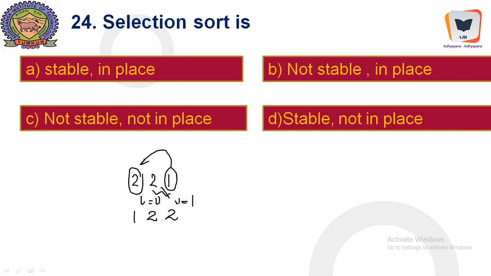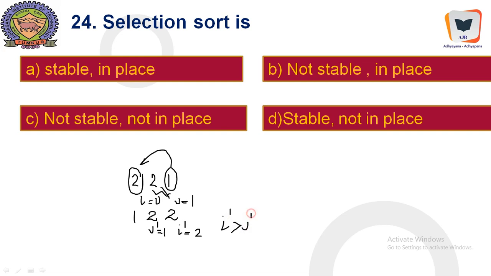I is less than J. After sorting, I became 2, J remained 1. I dash became 2 and J dash became 1. Now I dash becomes greater than J dash.